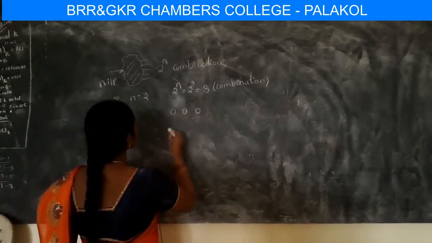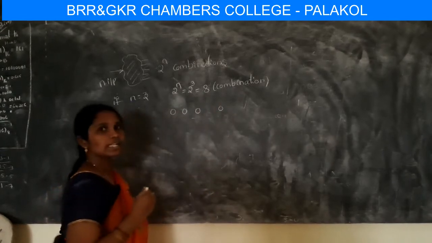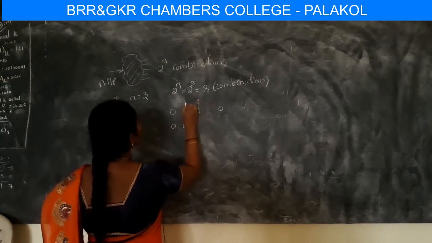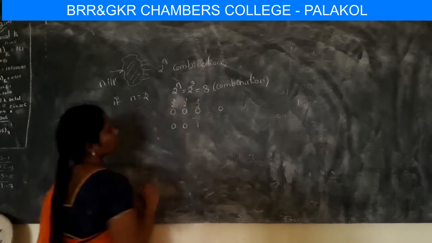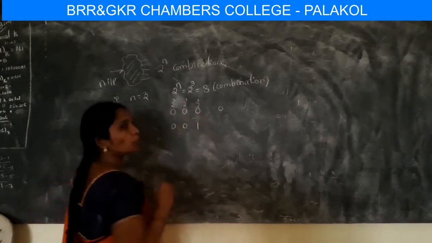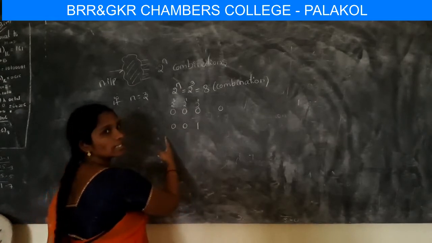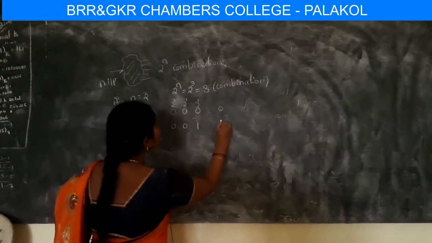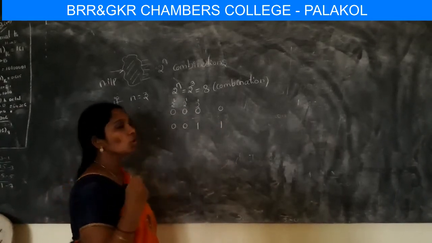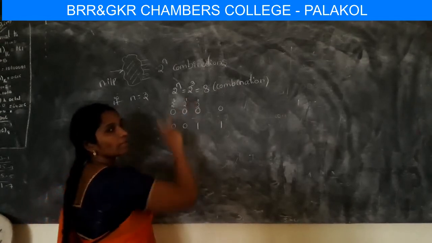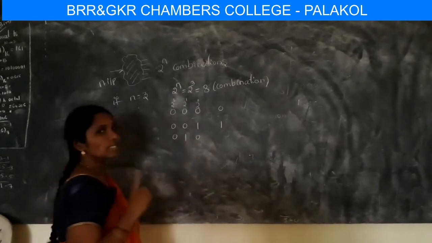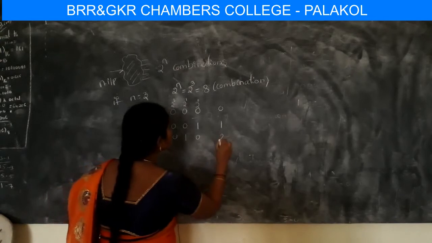Those 8 combinations are: 000, whose decimal equivalent is 0, and then 001. That is 2 power 0, 2 power 1, 2 square. Here 2 power 0 is nothing but 1, so I will put 1 here, remaining all are zeros. Therefore this is the equivalent number 1. Next, 2: 2 power 1 is nothing but 2, so I will put 1 here, remaining 2 are zeros, therefore this is number 2.